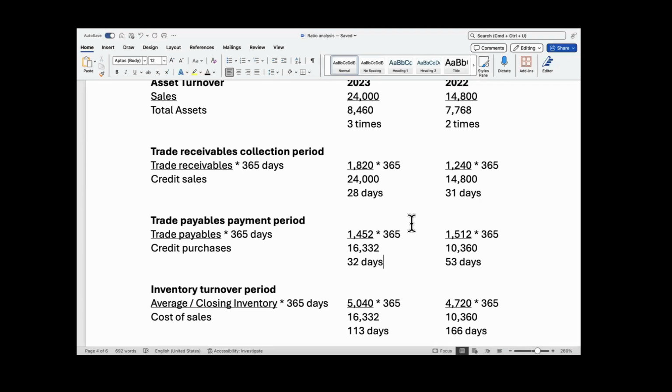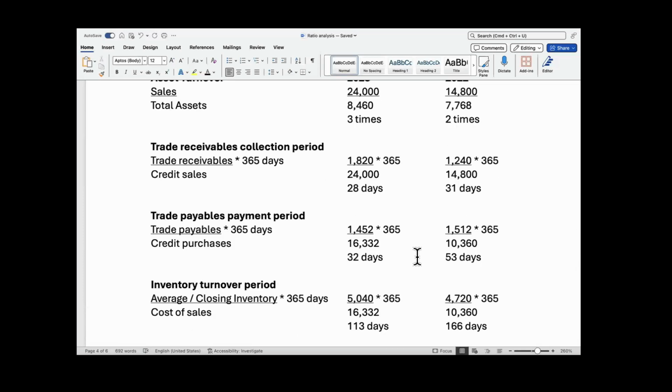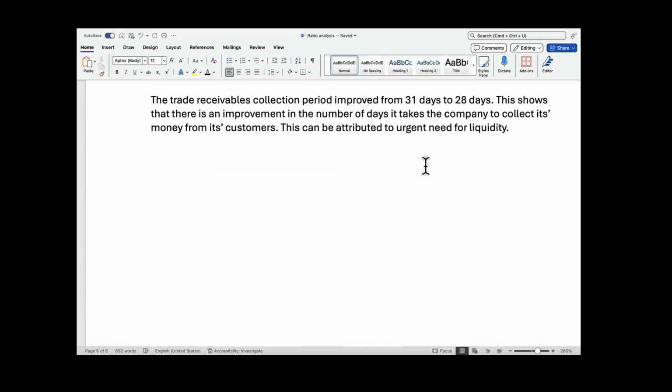So the supplier is being careful not to grant them an extended period. Majorly, that is why you see them paying earlier than previous years. Because the supplier is saying, I know the current challenges you're facing, and I would appreciate if you pay me earlier. So trade payables period reduced from 53 days to 32 days.